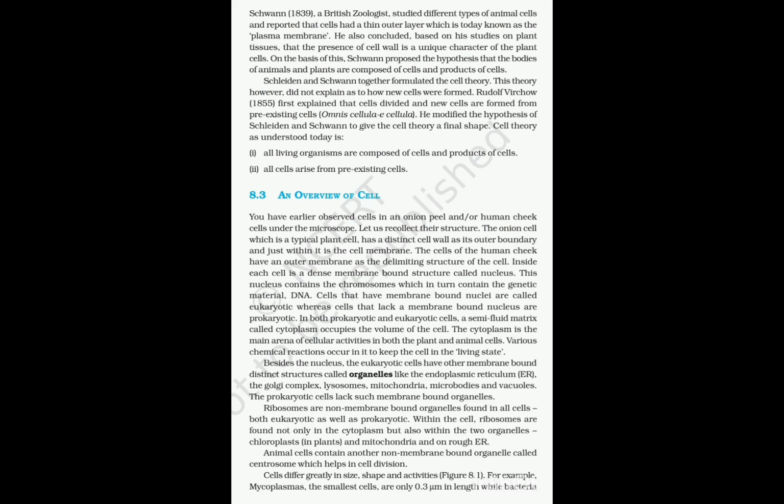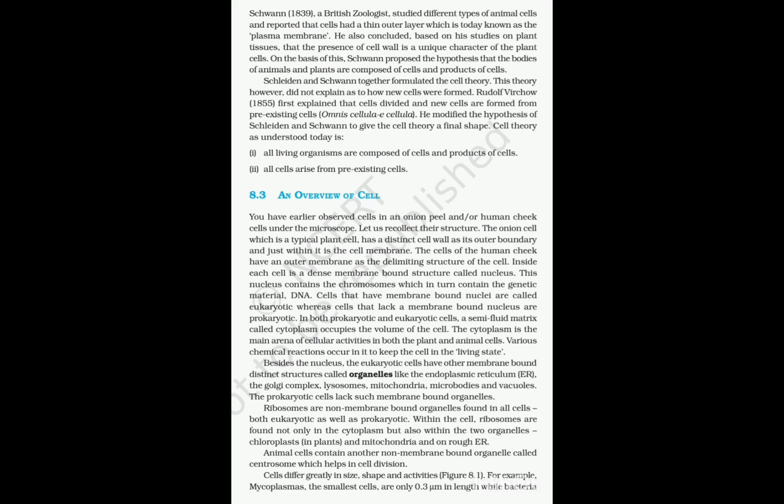Besides the nucleus, the eukaryotic cells have other membrane-bound distinct structures called organelles, like the endoplasmic reticulum, Golgi complex, lysosomes, mitochondria, microbodies, and vacuoles. The prokaryotic cells lack such membrane-bound organelles. Ribosomes are non-membrane-bound organelles found in both eukaryotic as well as prokaryotic cells.